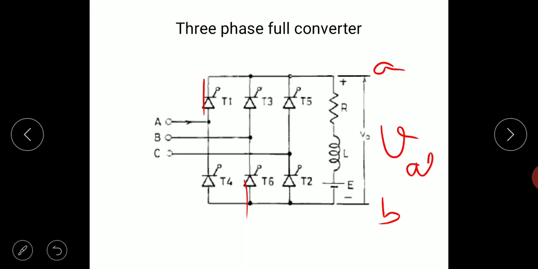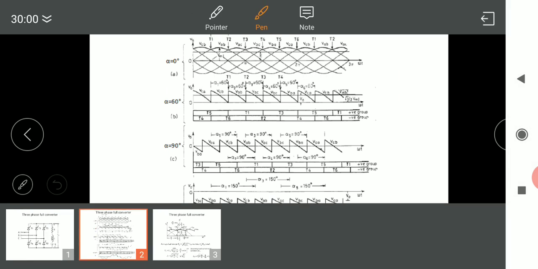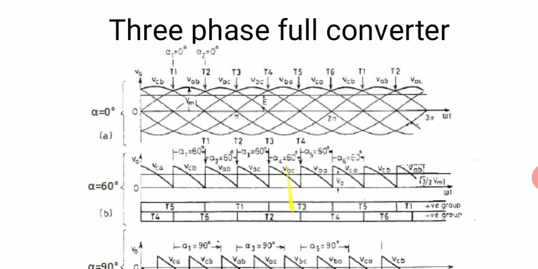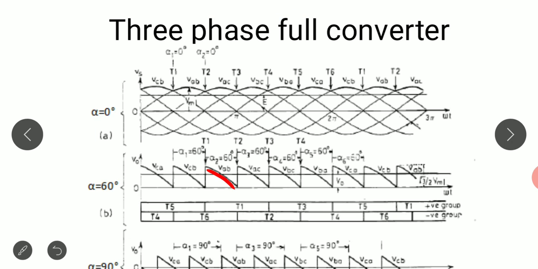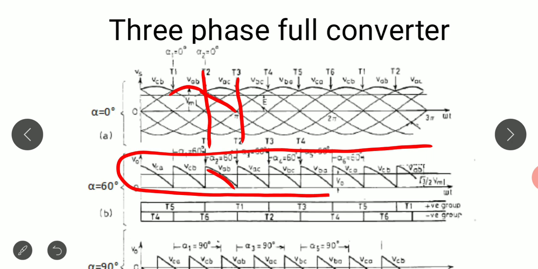So this voltage will be equal to VAB voltage in third interval. VAB voltage is this voltage. That means this interval. This is VAB voltage. Okay. So similarly, we can analyze for all these steps. This is the instantaneous voltage for alpha is equal to 60 degree.